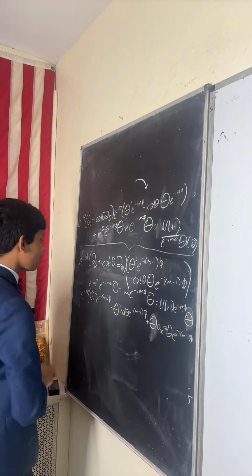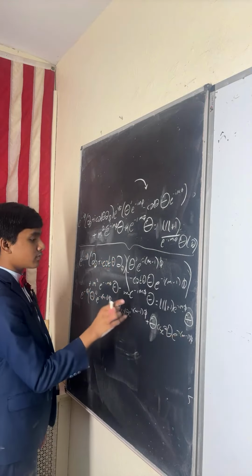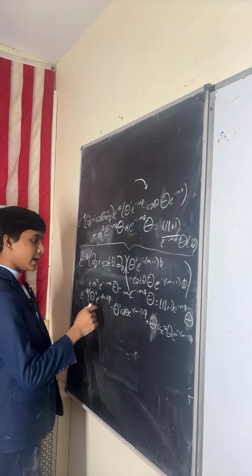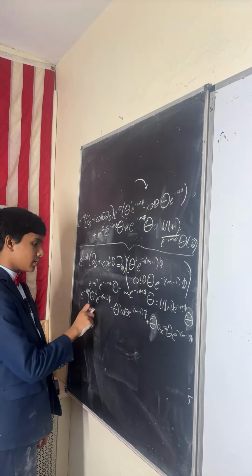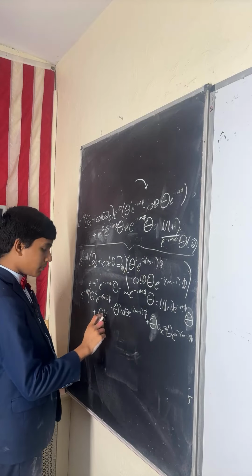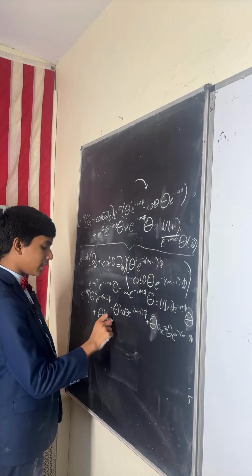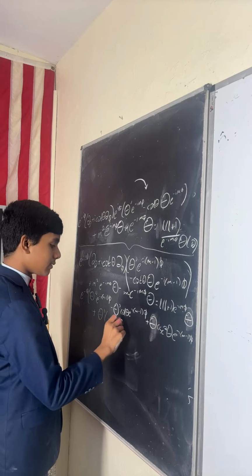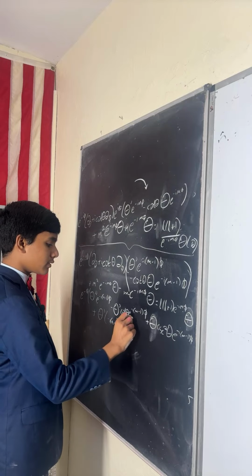Then you have to take the derivative with respect to partial phi, which means you get, well, this gets ignored, plus theta prime minus i times m minus 1 e to the minus i m minus 1 phi.